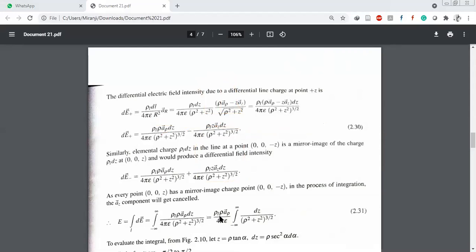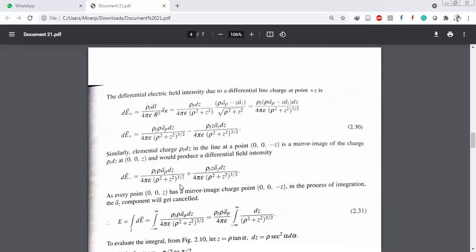Similarly, the elemental charge for that mirror image of the charge rho_l dz at (0, 0, z) would produce a differential field intensity dE on the negative side. It is the same expression but on the opposite side, meaning this one is a subtraction but that one is an addition, and that is the only difference. dE plus is towards the plus infinite side and this is the minus infinite side.